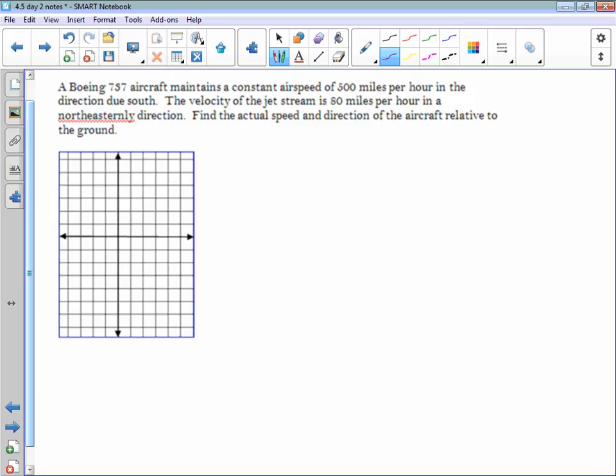We have to find the actual speed and direction of the plane. So you guys understand that when the wind is blowing on the plane, it's not still going to go straight south? Does that make sense to everyone? Okay, so let's make a picture here. Right? Like it's blowing you off course.